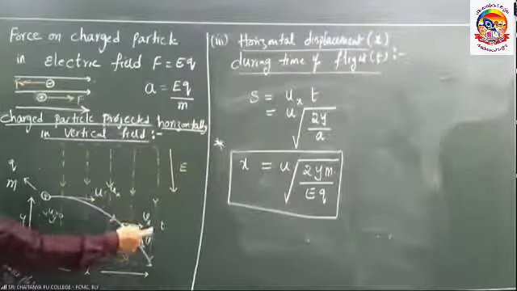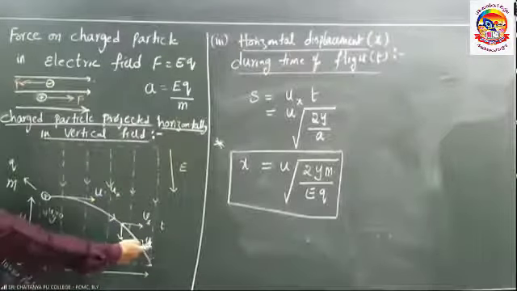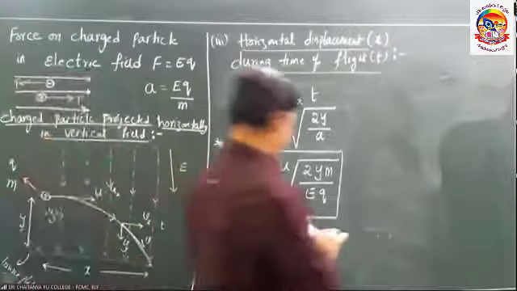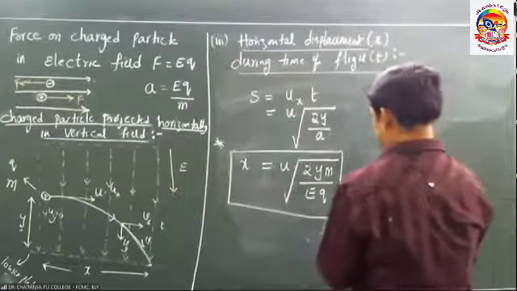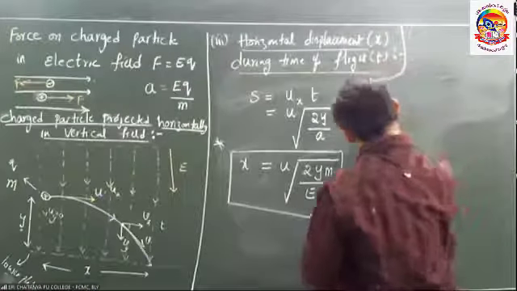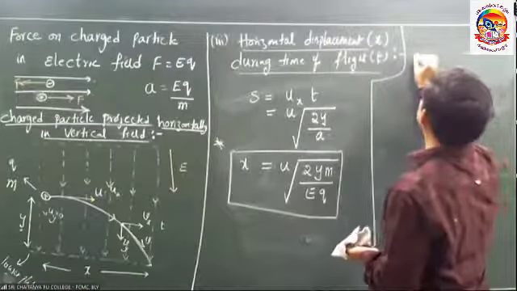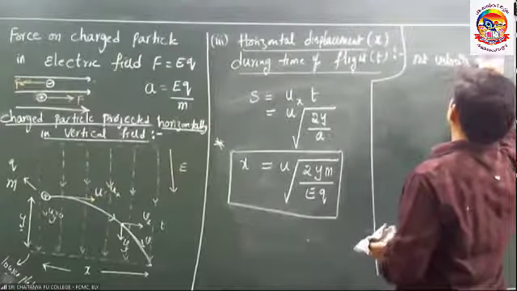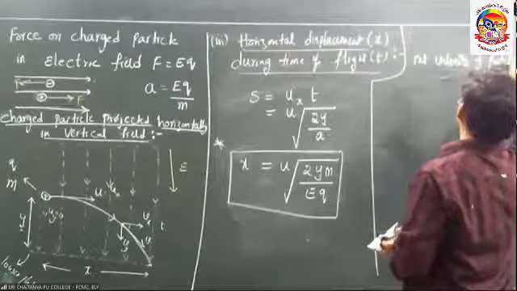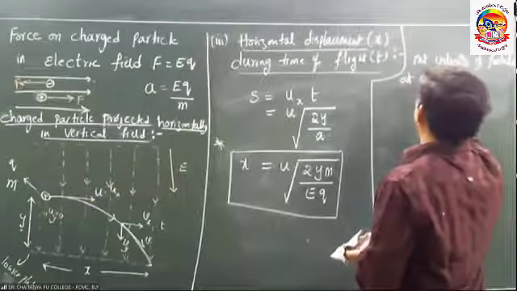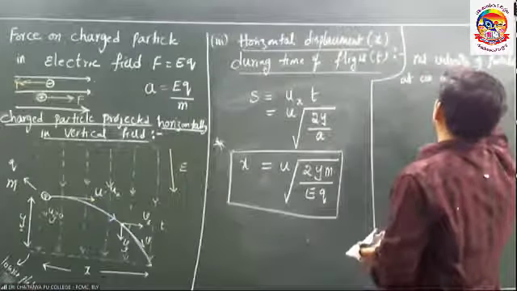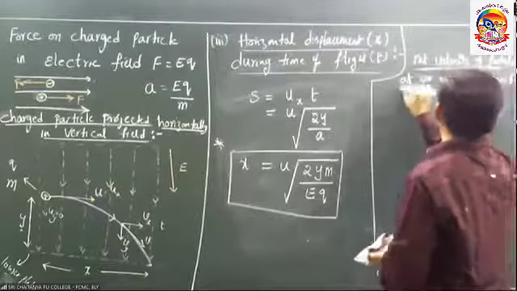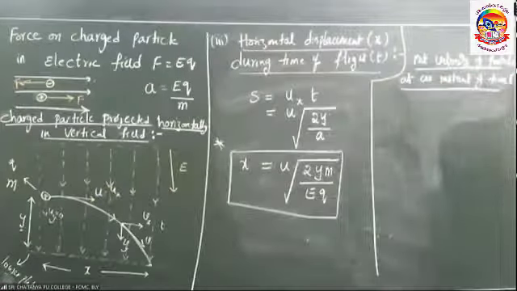This V is the resultant of Vx and Vy. What is the net velocity of the particle at an instant of time t?